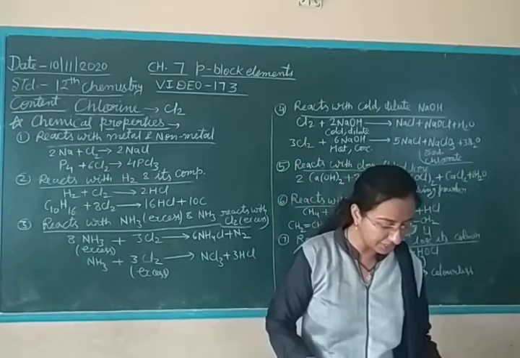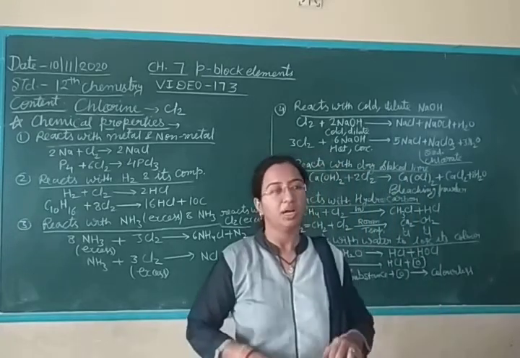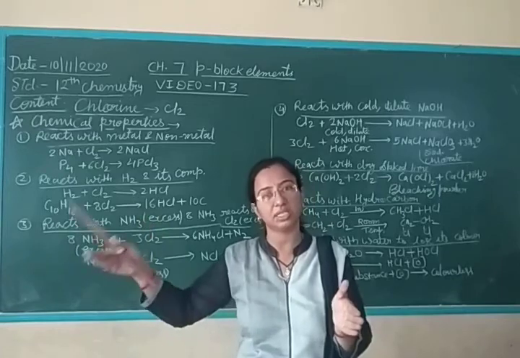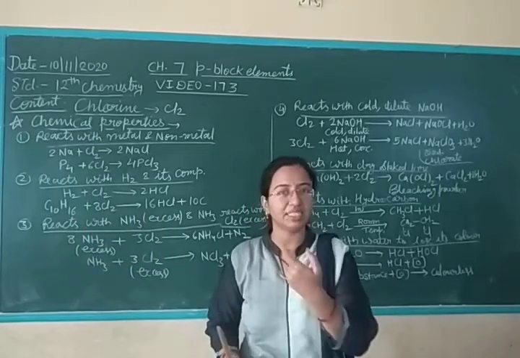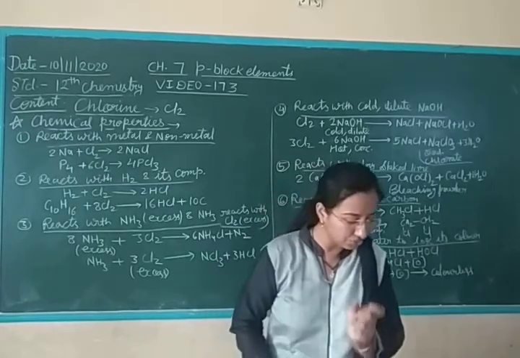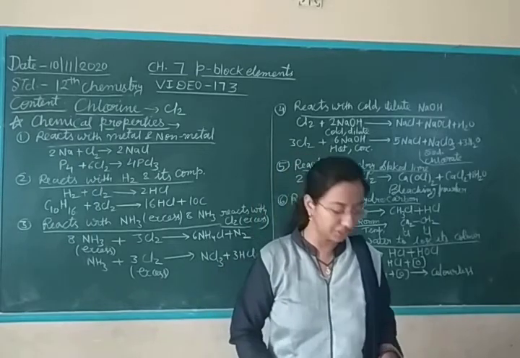And the third one is mustard gas, which is ClCH2CH2 on one side and CH2CH2Cl on the other, with both sides attached to sulfur. That is mustard gas.